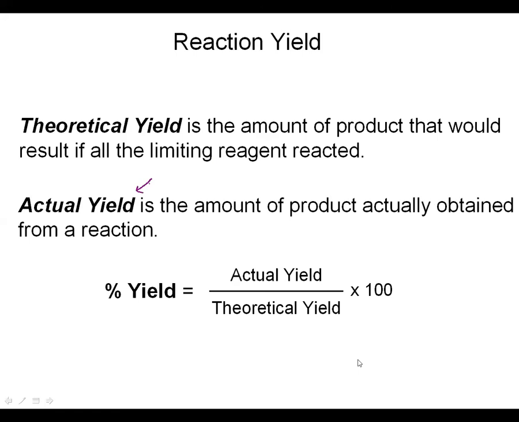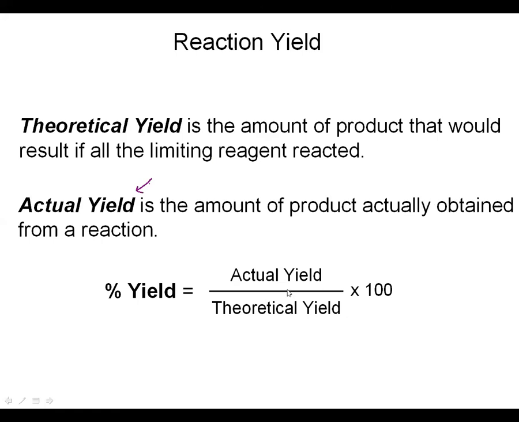Typically, you want your percent yield near 100%. That's good. So a high percent yield is good. If you had a low percent yield, it means you probably screwed up somewhere. Not so good. If you had, like, a 5% yield, that was not so great. You probably spilled everything along the way or threw something out along the way. But we take the actual divided by the theoretical times 100.